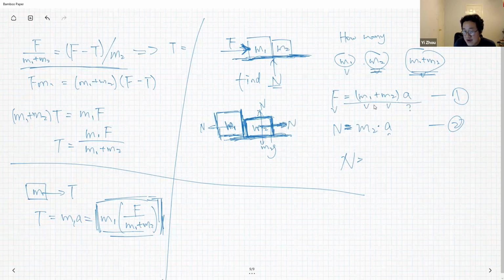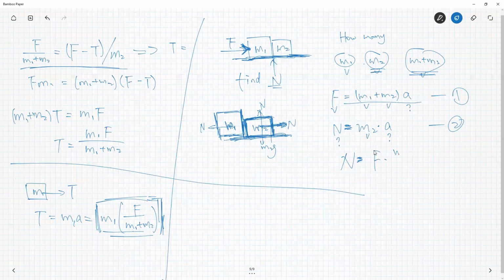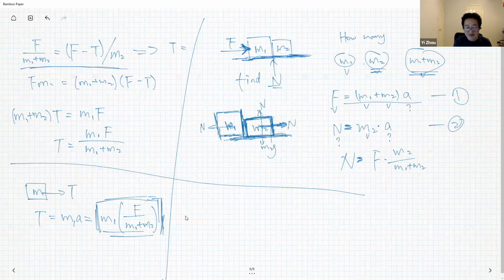A is unknown, N is unknown. So we have two equations and two unknowns. We just need to cancel A. So how do you cancel A? N equals F times M2 over M1 plus M2. It's pretty straightforward to solve this. You can see these two have very similar answers.